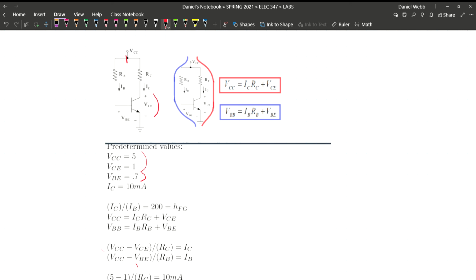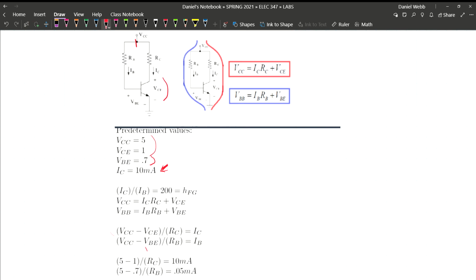Looking at the data sheet for the transistor, to be in saturation, IC needs to be at a value of 10 milliamps. And for us to get a current gain of 200, this is a relationship that we would need to be using.